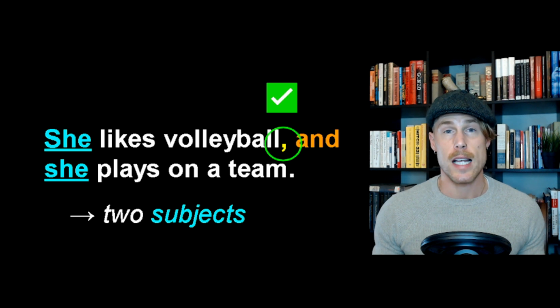And in this sentence, we have two subjects. She likes volleyball. She plays on a team. It's important to put a comma before the second subject and before the conjunction.